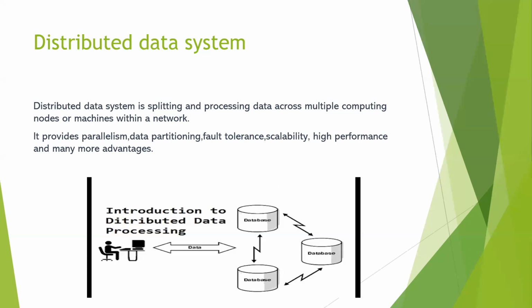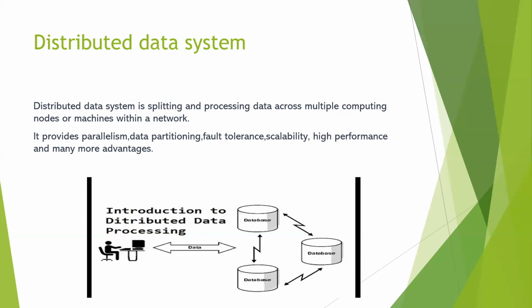Obviously, if there are multiple machines available and data is distributed on those machines, then it will provide parallelism. PySpark supports that distributed data system, so parallel programming is very easy in PySpark. Also, data partitioning: we can partition the data on the basis of some key.